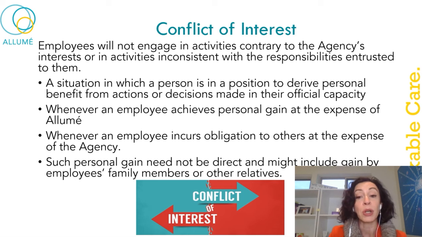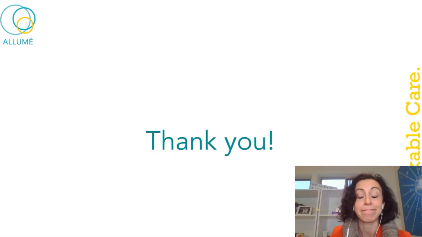When an employee achieves personal gain at the expense of Illume, that is a conflict of interest. Whenever an employee incurs an obligation to others at the expense of the agency, that's another example. Such personal gain need not be direct and might include gain by employees' family members or other relatives. All could be considered conflicts of interest.